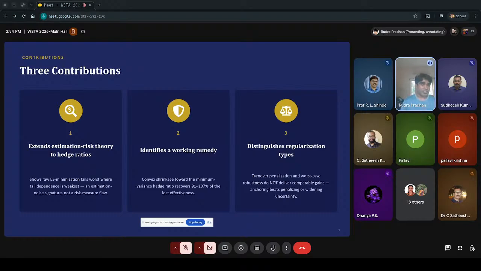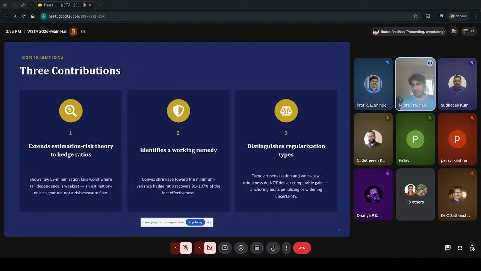So in the first case, raw ES minimization falls short where tail dependency is the weakest. That's an estimation noise signature, not a risk measure flaw. This is one kind of approach. Second, it identifies a working remedy, where convex shrinkage towards the minimum variance hedge ratio gives recovery of about 91 to 107% cost effectiveness.